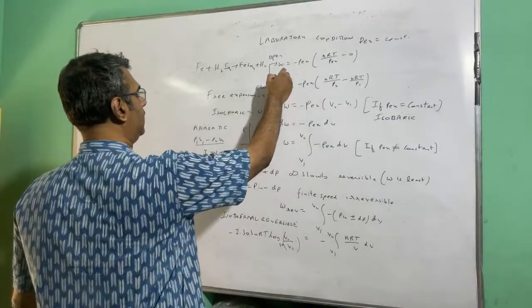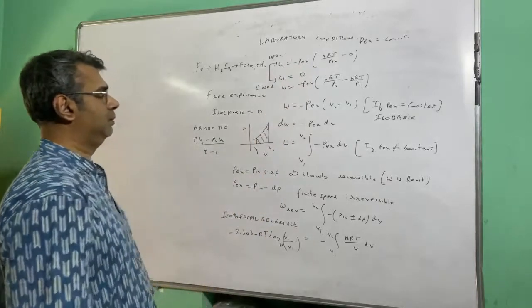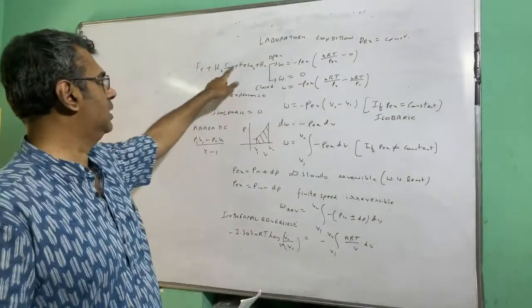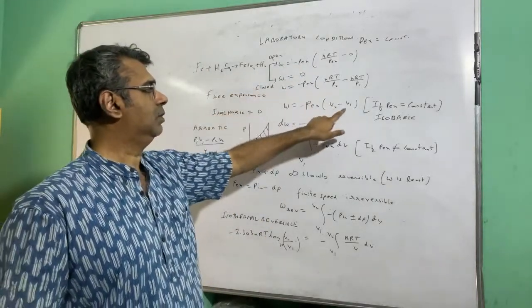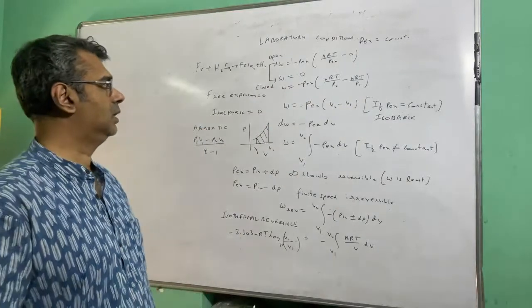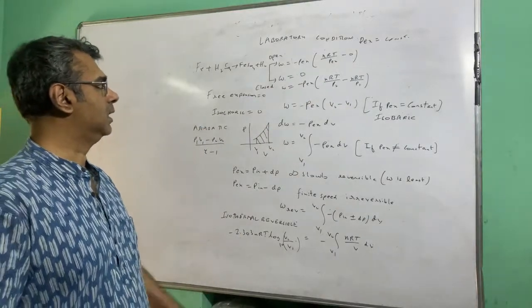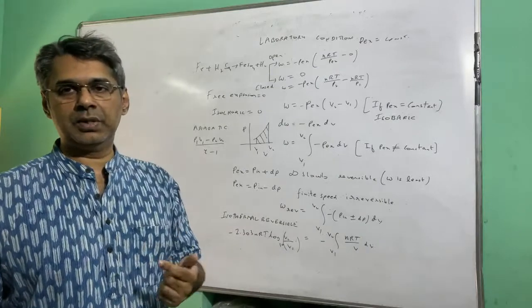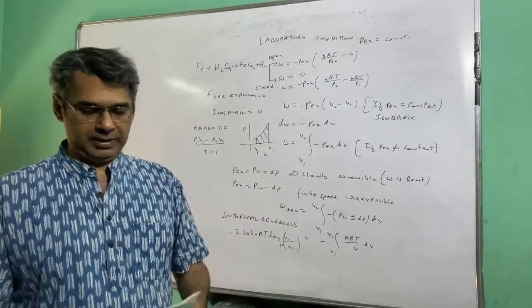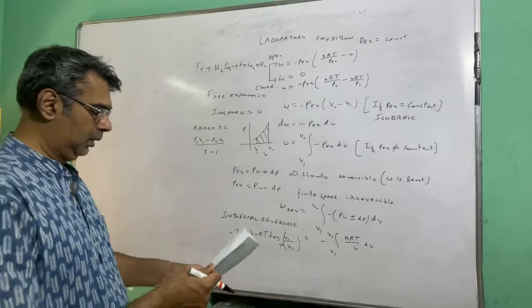And suppose I do this reaction in a closed container, then initial volume and final volume both will be 0, so work done will be 0. So this is another example of how to use this formula for laboratory conditions, right?